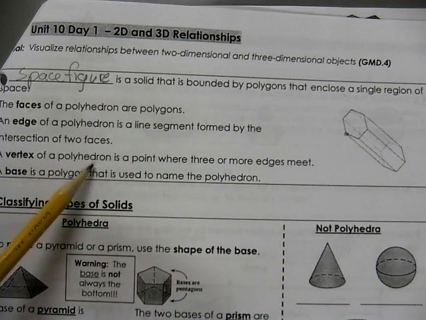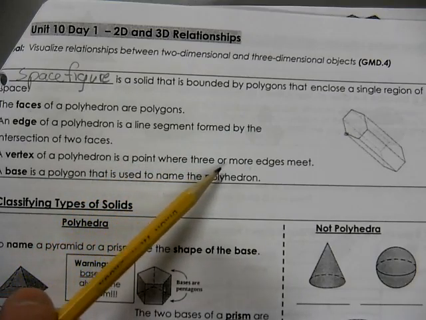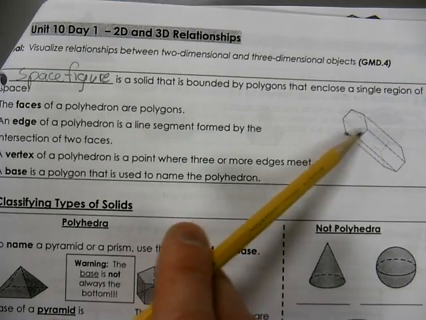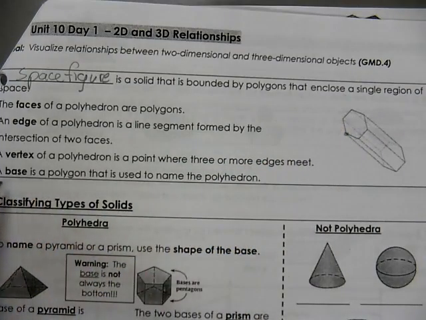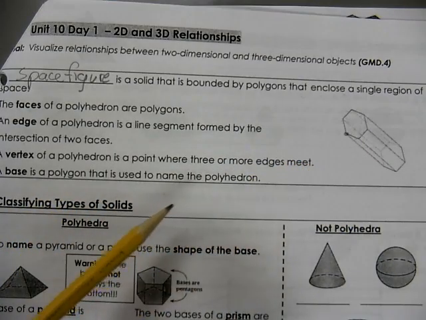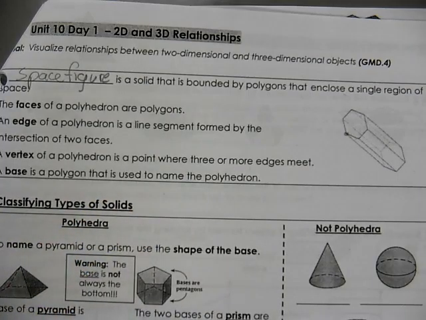A vertex of a polyhedron is a point where 3 or more edges meet. A base is a polygon, so that's our hexagon, is the base that is used to name the polyhedron.